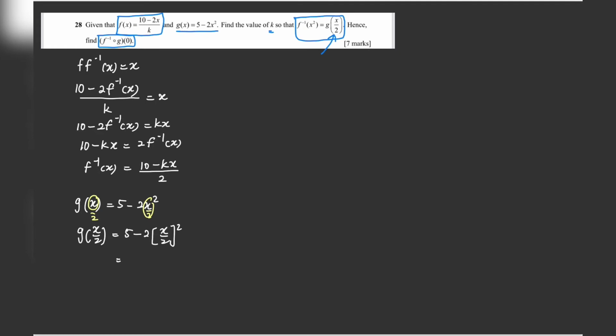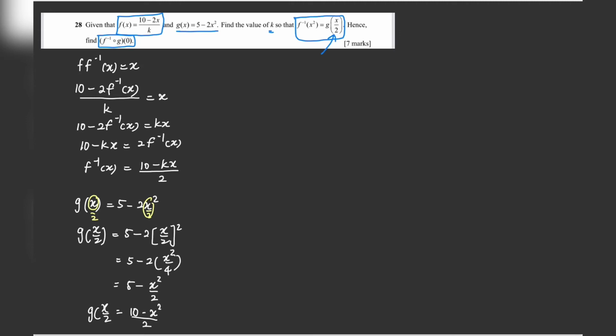So (x over 2) square dapatlah x square over 4, and bila kita simplify akan dapat 5 minus x square over 2, or samekan denominator dia, dapatlah (10 minus x square) over 2. So this is our g of x over 2.